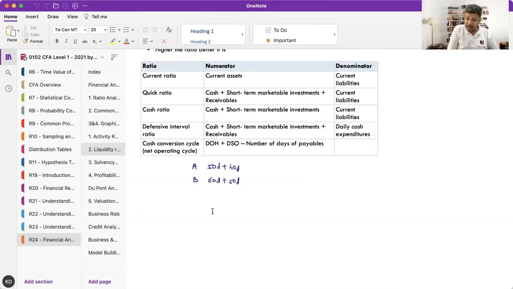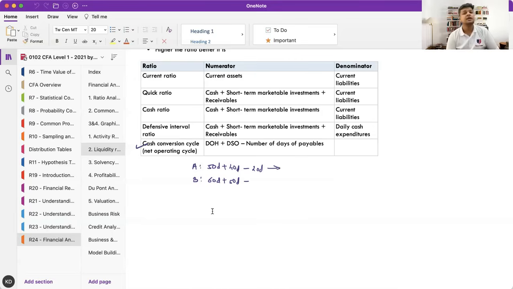Now comes the payables. If A pays its vendors faster, then after adjusting for days of payables, what you get is called the net operating cycle or cash conversion cycle.